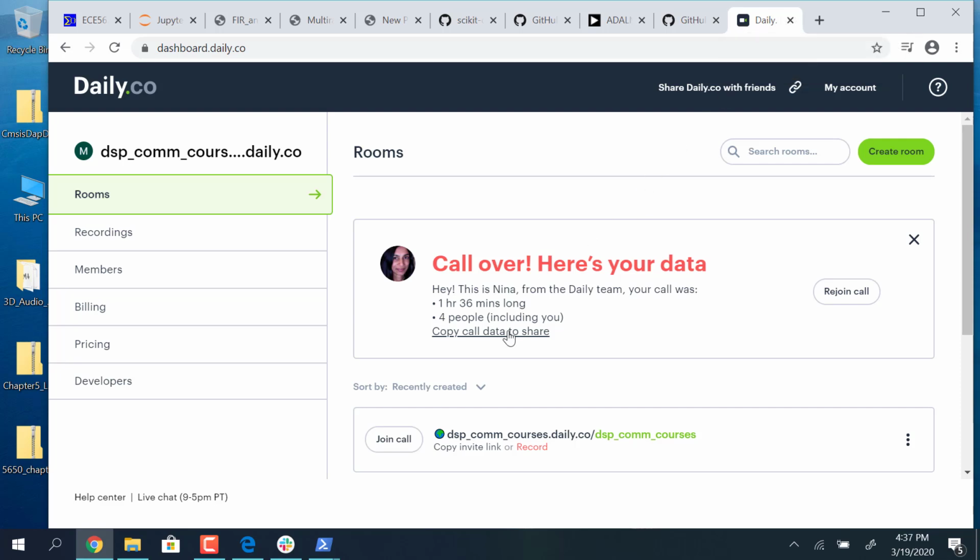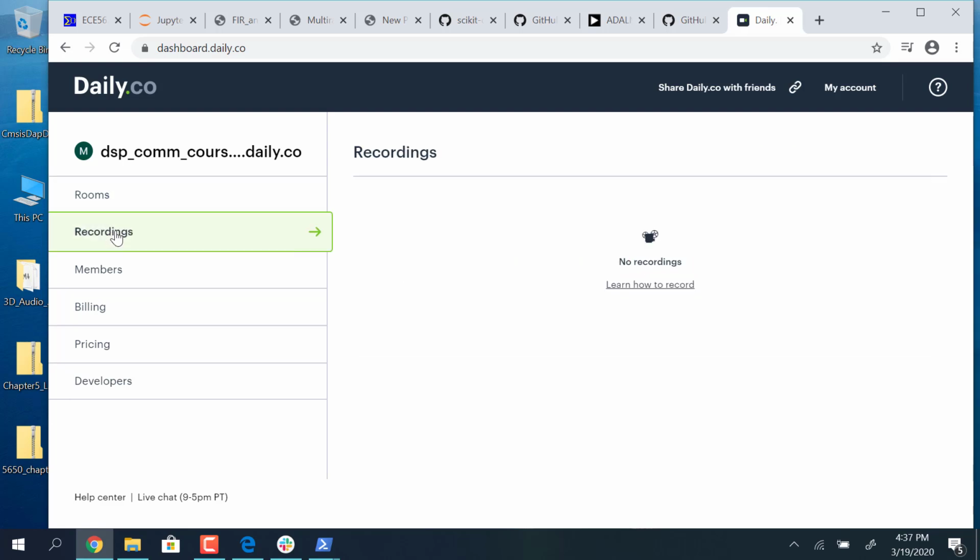Copy call data to share. What is that? And where is my call data? Okay, it's not there.